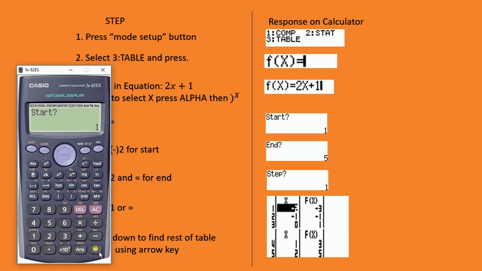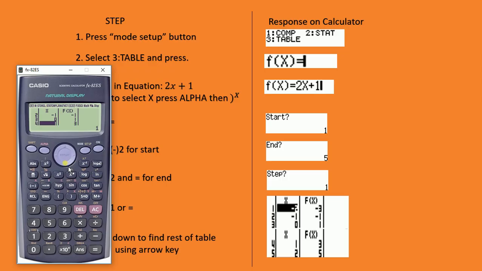We enter that. We are asked what the start is. We said if there's nothing given, we take the start as -2. We enter that. They ask for the end. If there's nothing given, we make the end +2. We enter that. The step will be 1, so you leave it as 1, just enter that, and our table will be created. If you move down, that's -2, -1, 0.